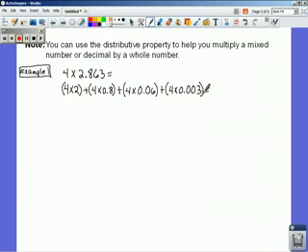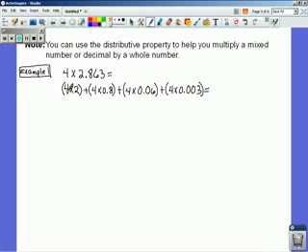Now, as you can see, we have broken the original number, 2 and 863 thousandths, into individual components: the 2, the 8 tenths, the 6 hundredths, and the 3 thousandths. And now we're just going to do our arithmetic.